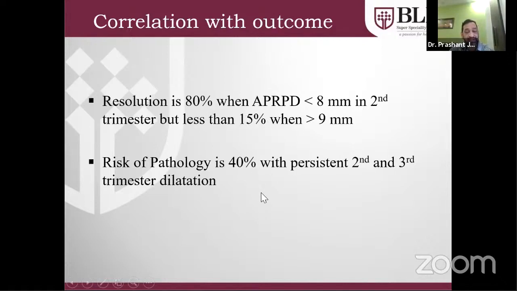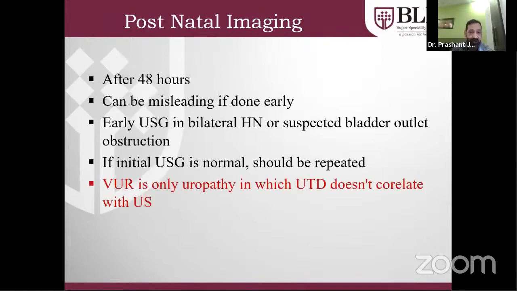Also, if there's a persistent dilatation of the urinary tract system during second and the third trimester, the risk of having pathology is almost as high as 40%. So these are some of the points which can help us in prognosticating these patients, and also can help us in counseling the parents and planning a management after the delivery.